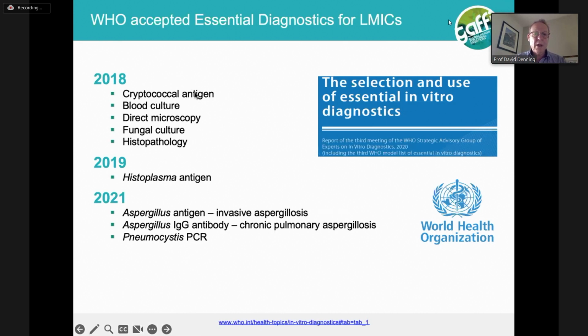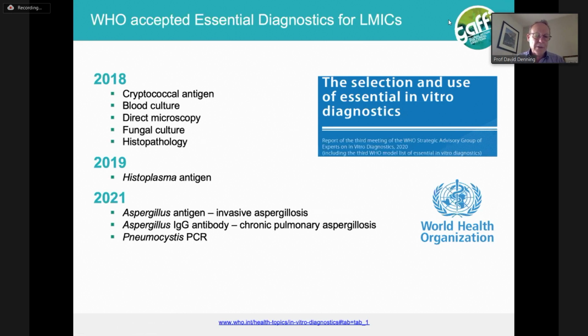So in 2018, these were de rigueur, required by countries, and the EDL is essentially for low and middle-income countries. The following year, we added histoplasma antigen, and given that Sri Lanka is endemic for histoplasmosis, this is an important test for you as well, particularly for immunocompromised patients and HIV patients.